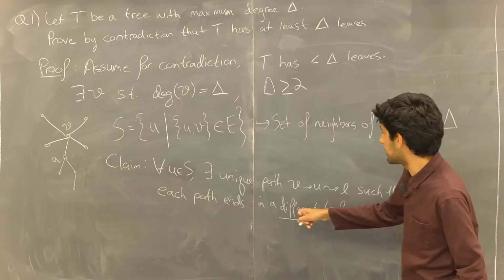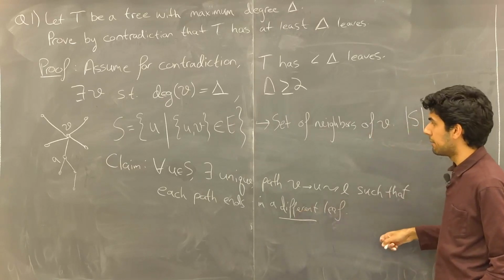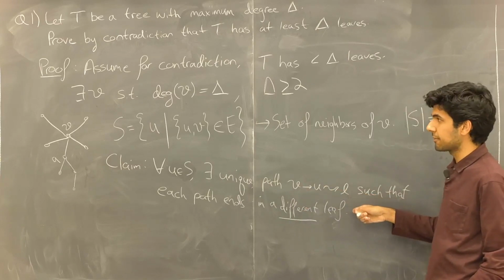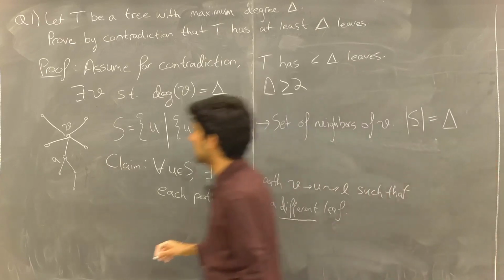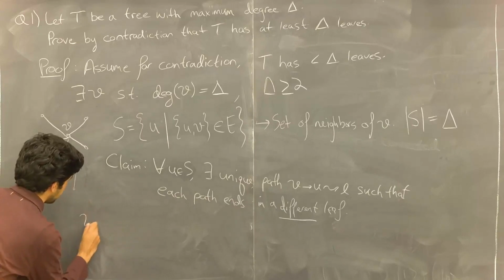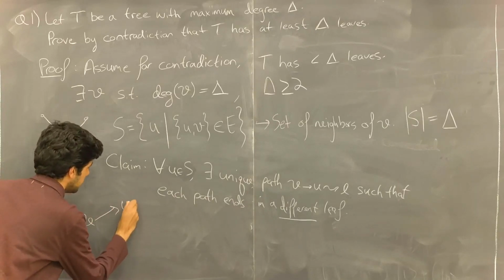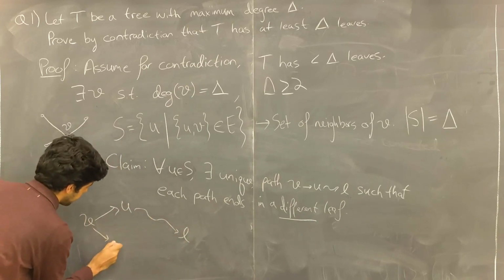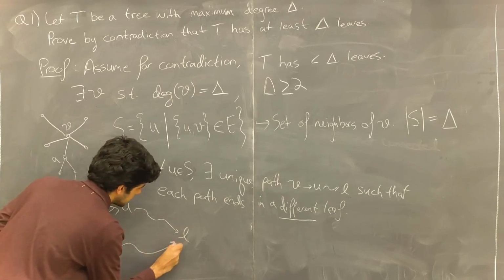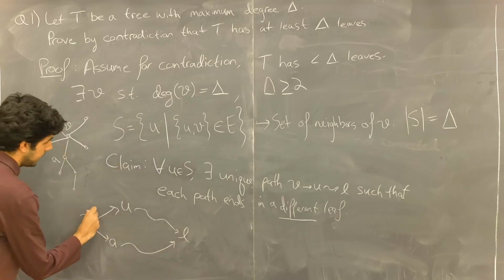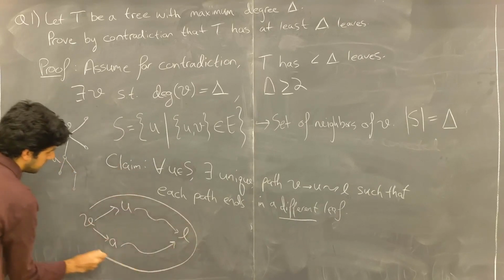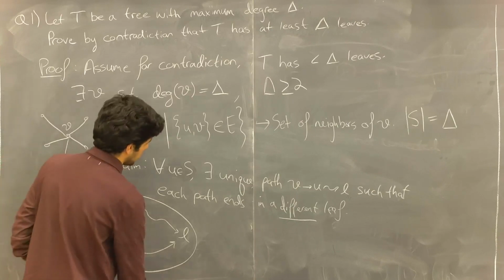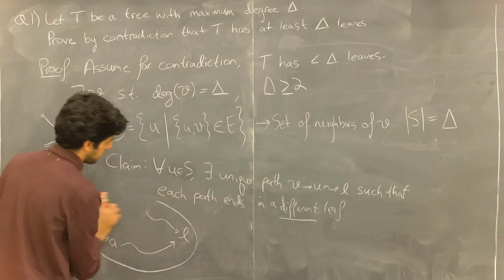And additionally, they're all different leaves, because if I had two different paths that ended in the same leaf, then I would have a cycle, right? If I go V to U, that ends in a leaf, and V to a different neighbor that ends in the same leaf, then I have a cycle. So that can't happen either. So this claim holds true.